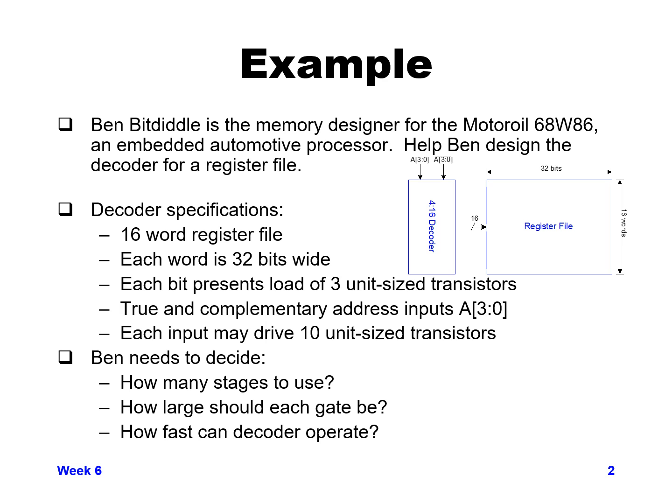So Ben needs to decide how many stages are the best to use, how large should each gate be inside of the decoder, and how fast can the decoder operate in terms of unit delays. Again, go back several foils ago or to the previous section where we were saying the unit delay that we're defining is a minimum size inverter with no load on it.